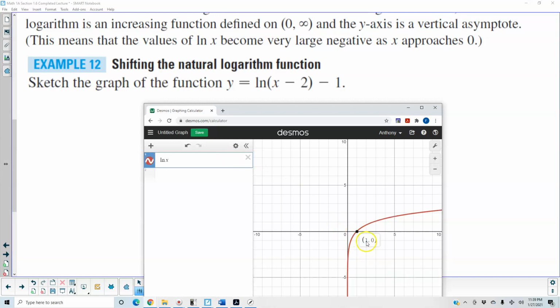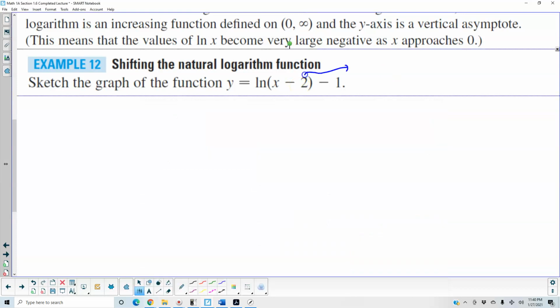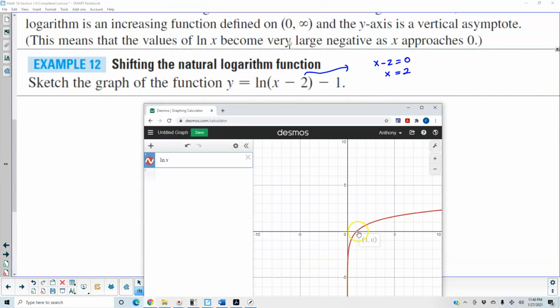So we can see here that the x-intercept is at (1, 0), with the y-axis as a vertical asymptote. Okay. So now the first thing we want to do is look at what's happening with the minus 2. Well, remember that if this is x minus 2, if we solve for x here, that means that we would get 2, which means that it's a positive 2, which means that we're shifting this graph to the right 2 units.